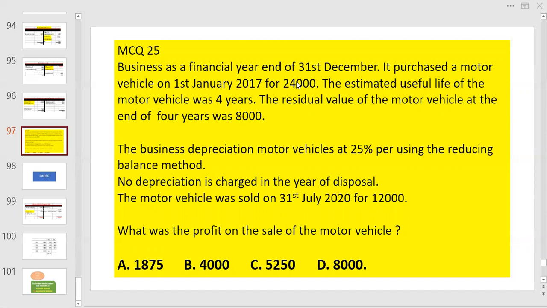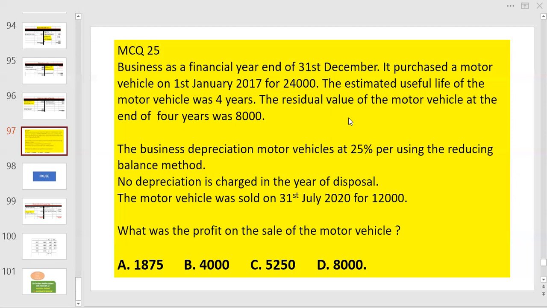when you take the useful life of the asset for depreciation, we usually deduct the residual value. Now our question is whether to do the depreciation for 24,000 or 8,000. In a straight line method, if you have a useful life of 4 years, it is at the rate of 25%.